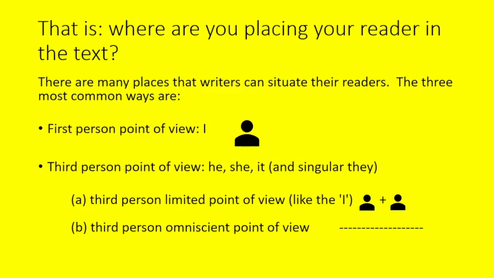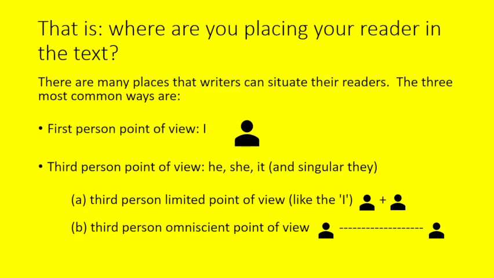So it's very similar to the I. Then you have the third person omniscient point of view. This is where your reader is not necessarily inside your character, although they can be occasionally. It's where they are floating around the text. This is a very difficult one to handle and one we will return to.